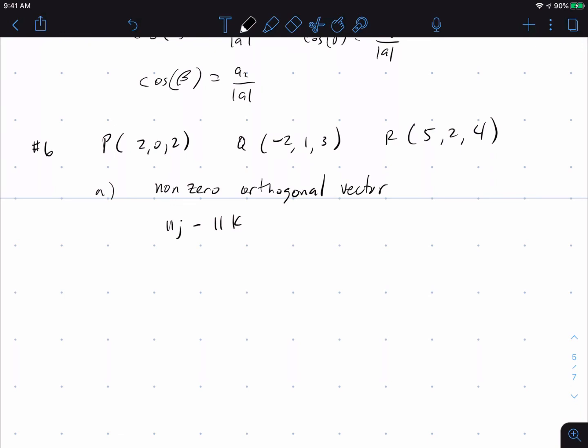Now, for part B, I want you to find the area of the triangle. And we know that the magnitude of the cross product is the area of the parallelogram, right?